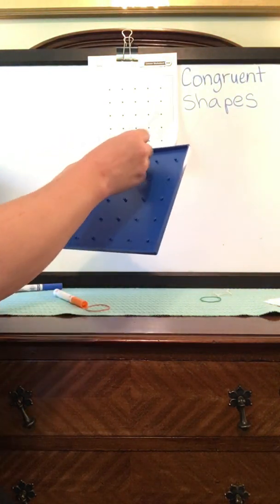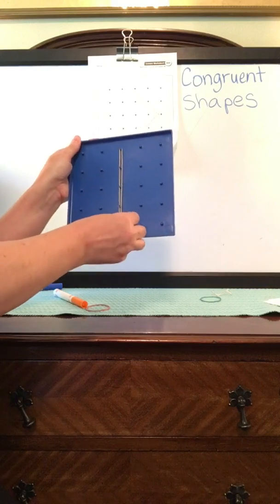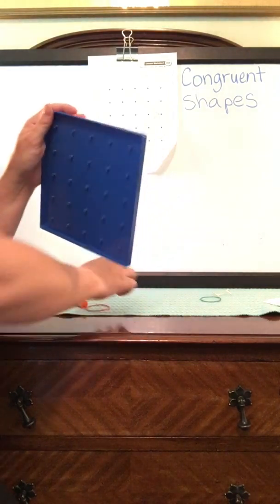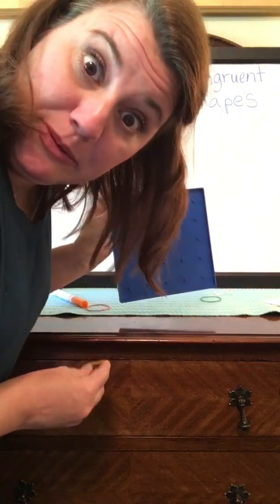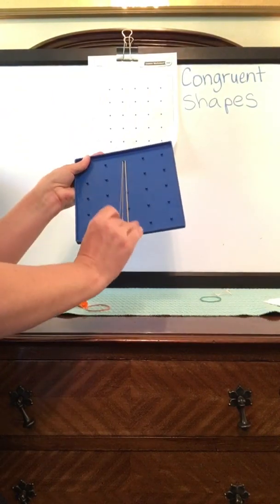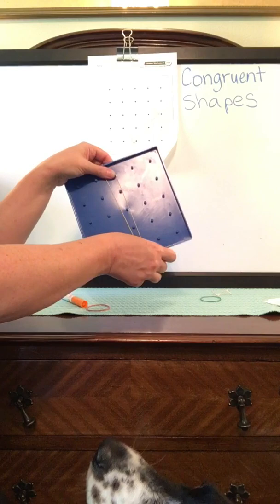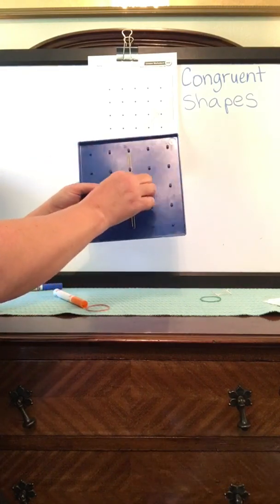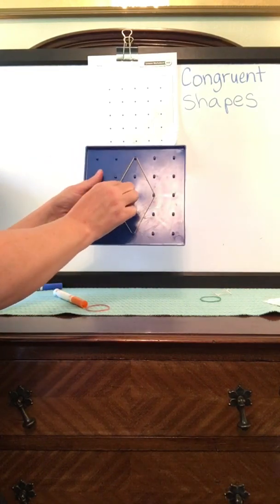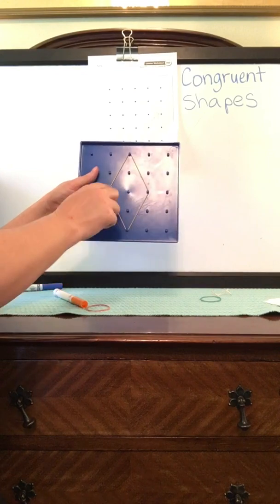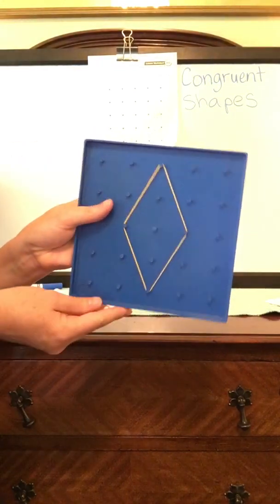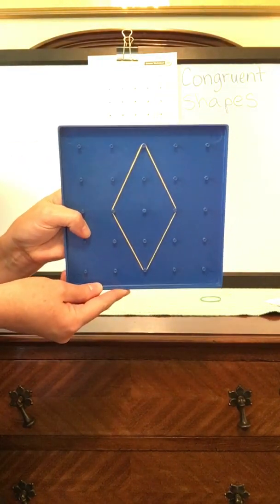Whoop, I just shot my rubber band. Maybe you want to do a true rhombus with two narrow angles and two wide angles. There's a rhombus. Perhaps that's what you want to make.